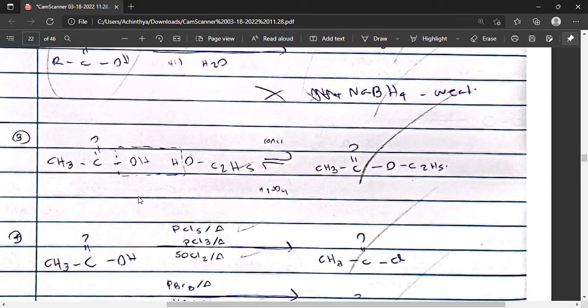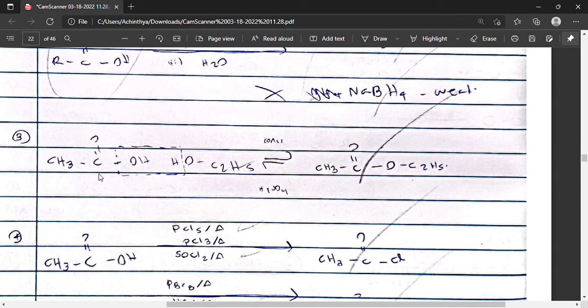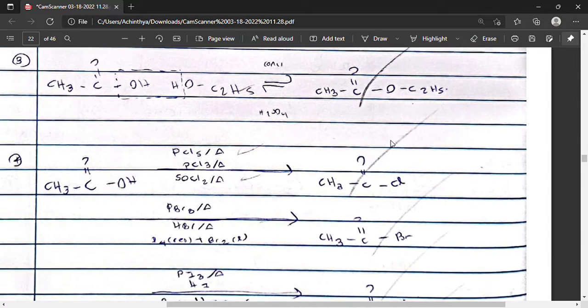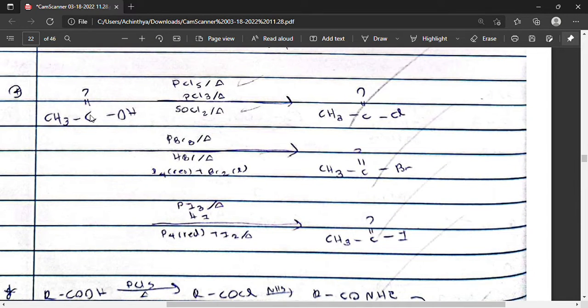We can also react carboxylic acids with an alcohol under concentrated sulfuric acid medium, in which it will reversibly form an ester. We can also react a carboxylic acid with these reagents, which we have seen multiple times before, to form the respective acid halides.